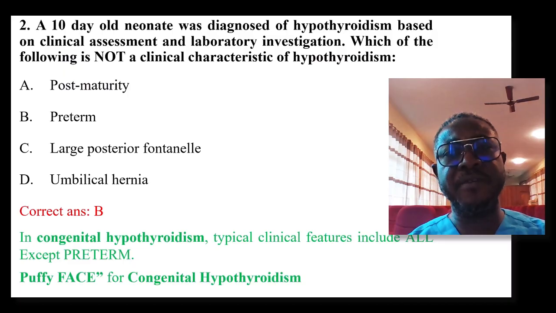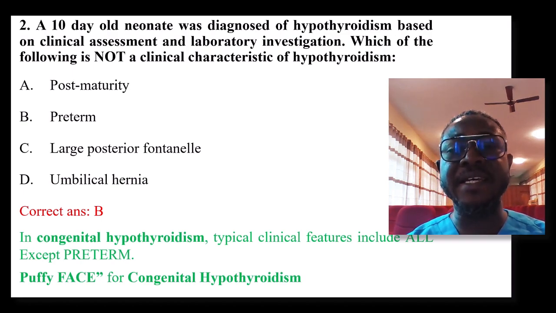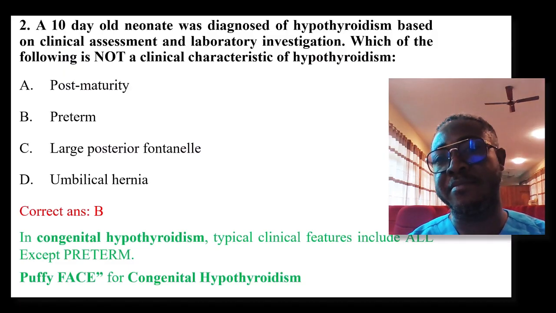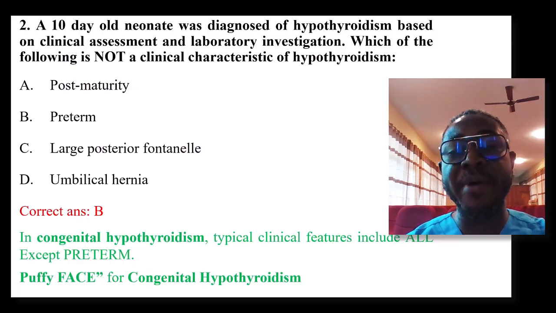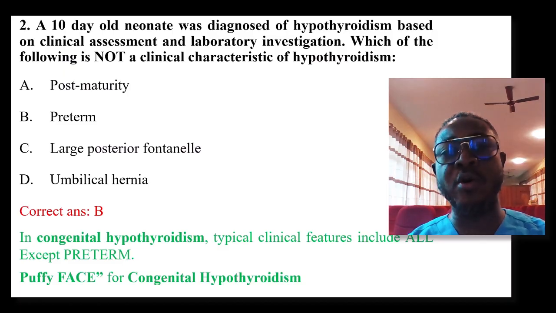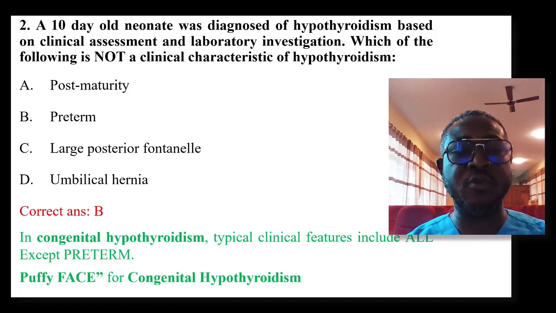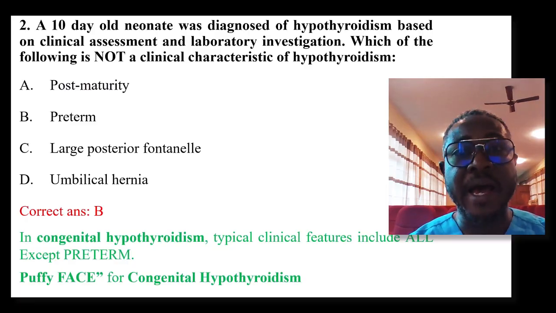So if the hormones are low in circulation, there is going to be a delay in initiating labor, and that can lead to post-maturity, but not preterm. So in hyperthyroidism there can be preterm labor. All right, so when you look at the question, it is really talking about congenital hypothyroidism.